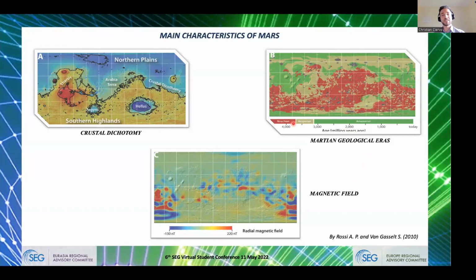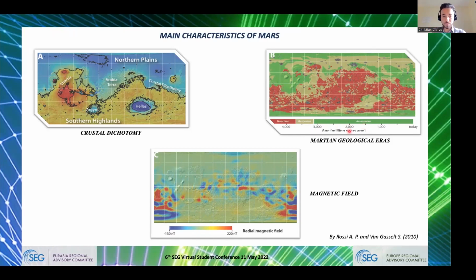That was a period in which we can see aqueous alteration at neutral pH, and also the period where the first clay minerals formed. Moreover, we have the Hesperian period where the first sulfates formed, and up to the present era, we have the Amazonian era, which is the last one, where the first iron oxides formed.